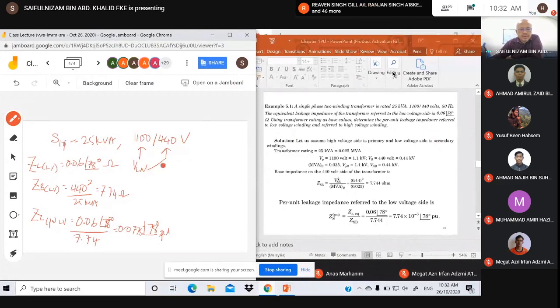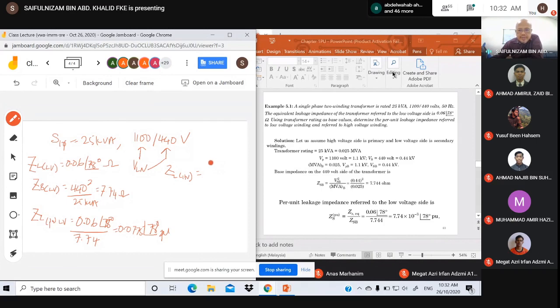Okay, now, the question also asks to find the per unit leakage impedance at the HV side, right? So what is the ZL at HV equal to? How do we find the ZL at the HV side?